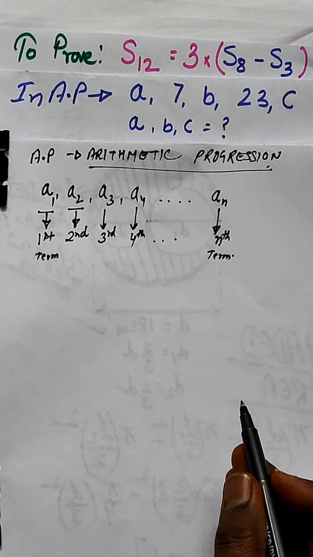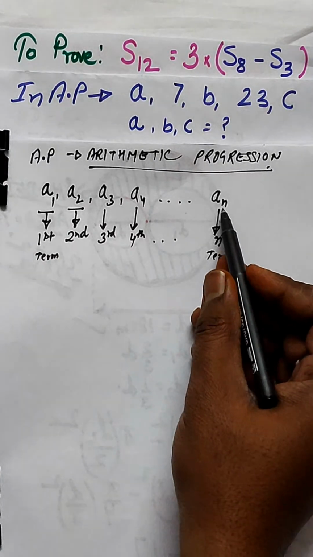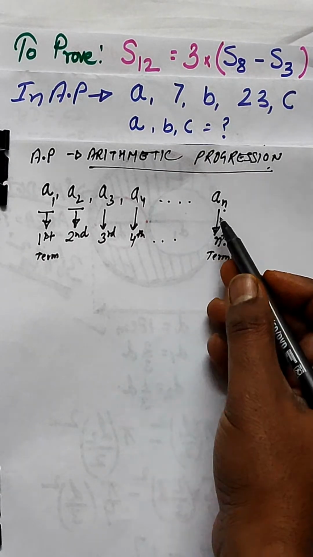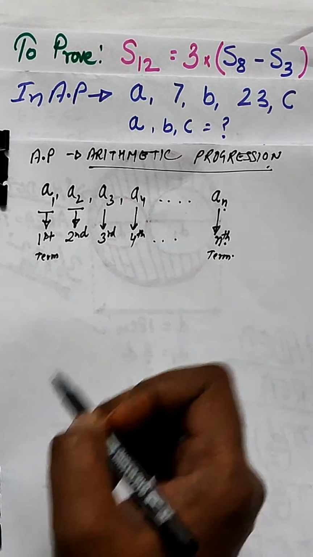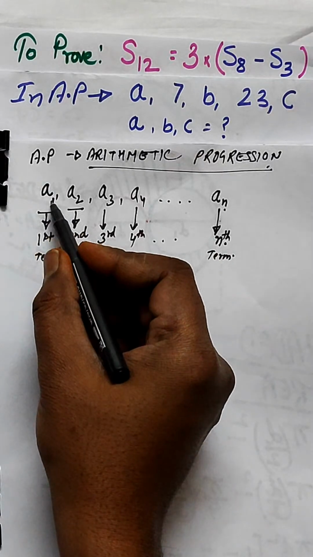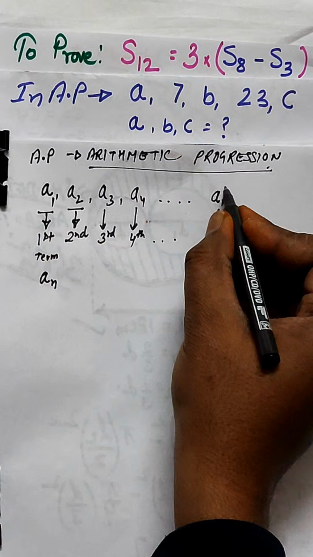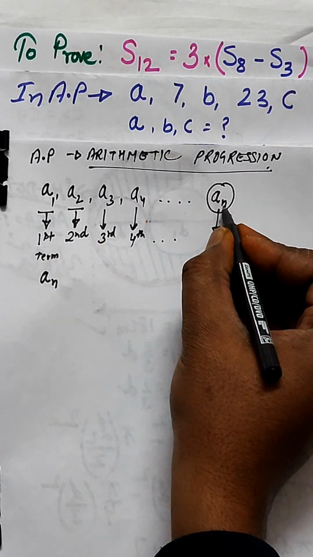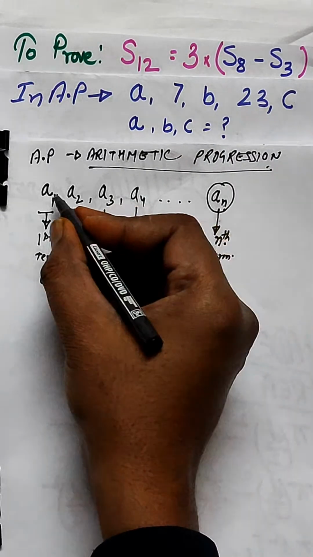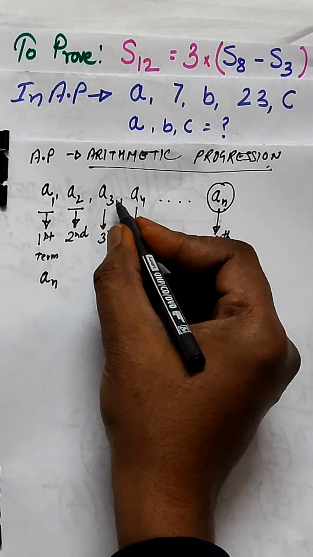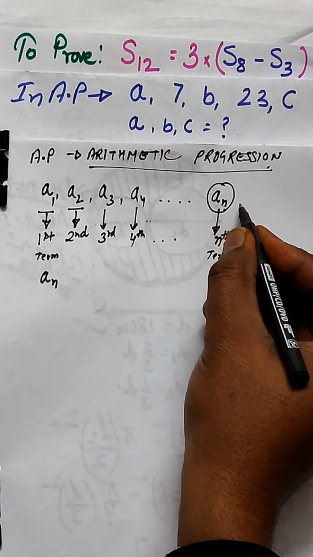Why n? It's n because n is a variable and it can be anything depending upon the series of the AP. And if A1 is the first term, the nth term of AP, that is the last term, or n can be, if you put the value of n as a variable, it can be A1 also, A2 also, A3, A4 or whatever depending upon the value of n.